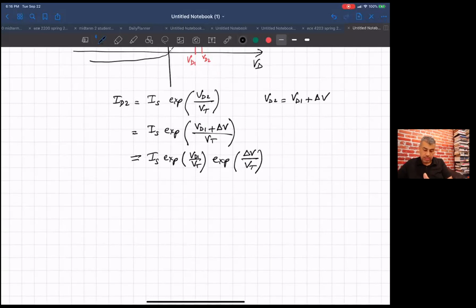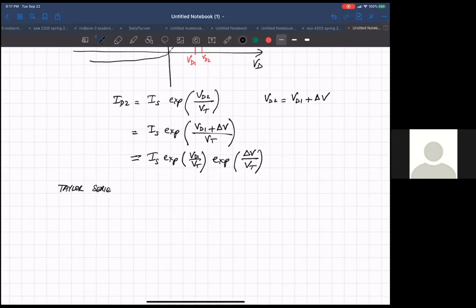Okay, so here comes the sleight of hand. I don't know if you guys had heard about this or not. Have you guys heard about Taylor series expansion? Yes. Okay, great. Long ago, but yeah.